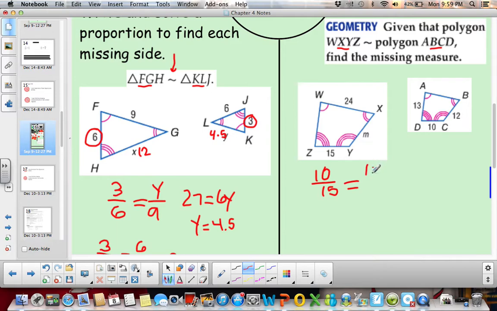So 12 over M. So I can rewrite this then. 10M equals 15 times 12, which is 180. And then we would divide both sides by 10, and we would get M equals 18.